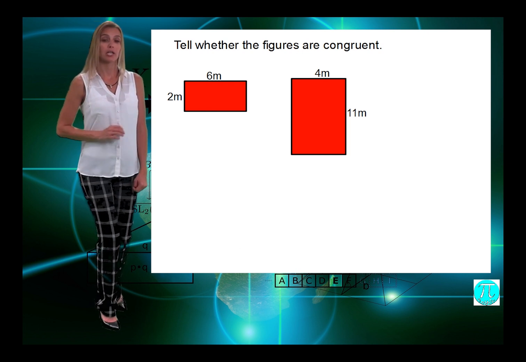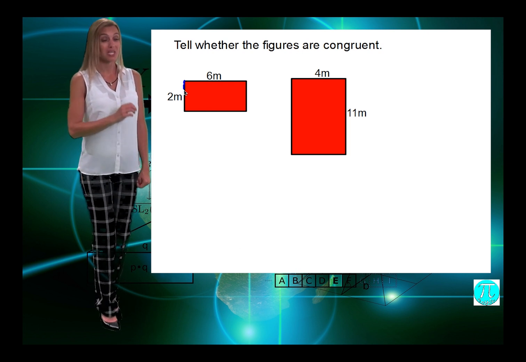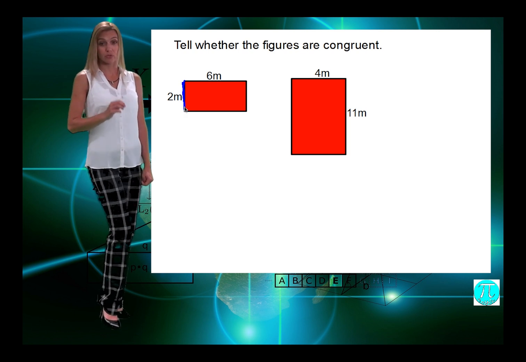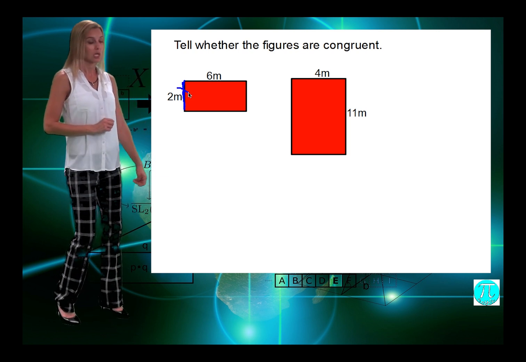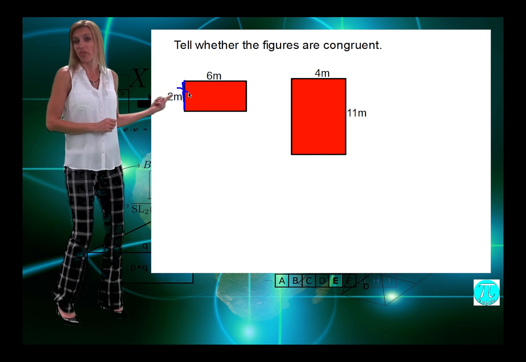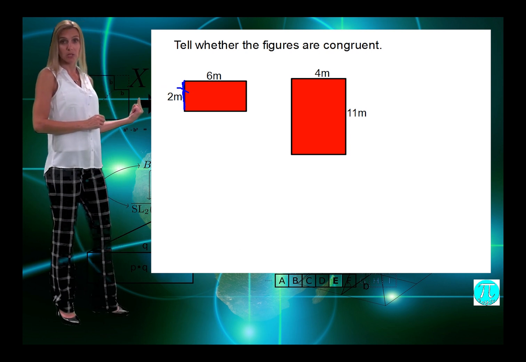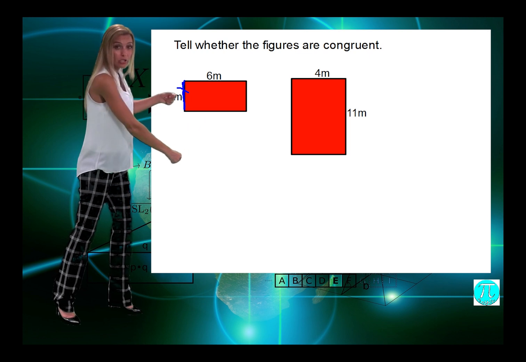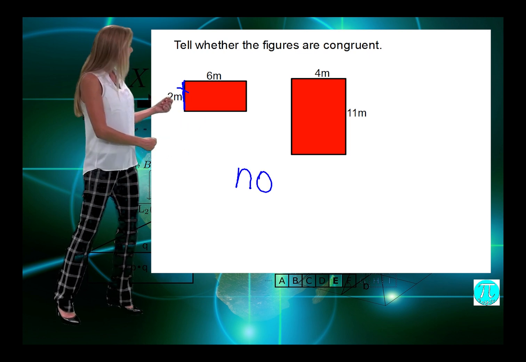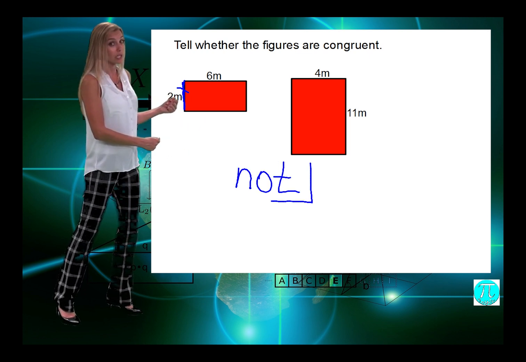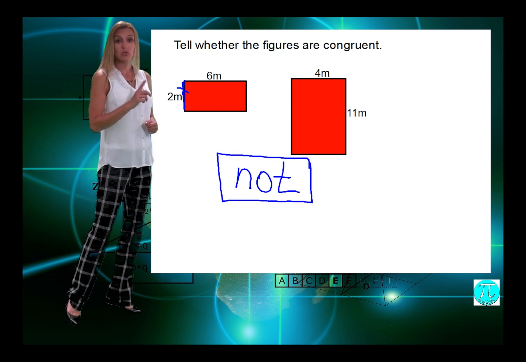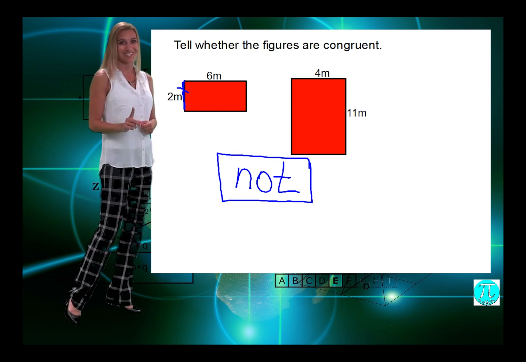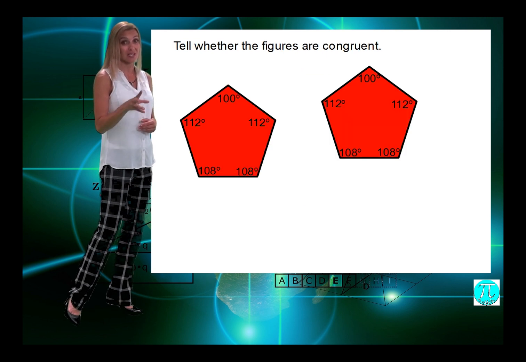If I'm trying to find corresponding sides and have to tell if these two rectangles are congruent, let's look at the width, which is 2 on the smaller one. If I look at the other rectangle which got turned, do I see 2 anywhere? I really do not. So that means those two figures are not congruent. They do not share the same size measures.